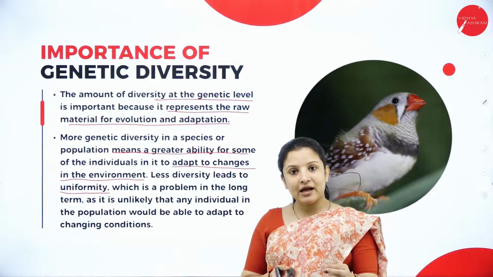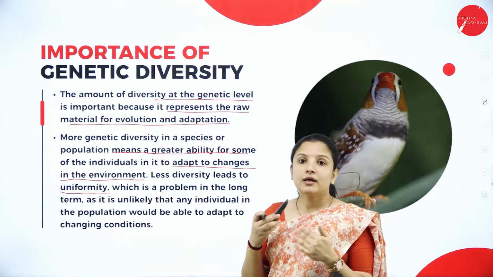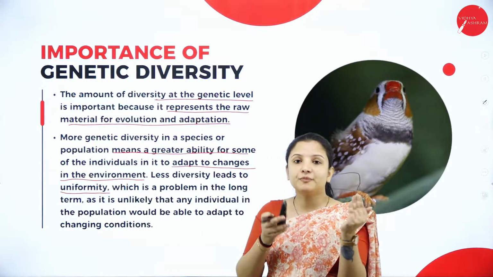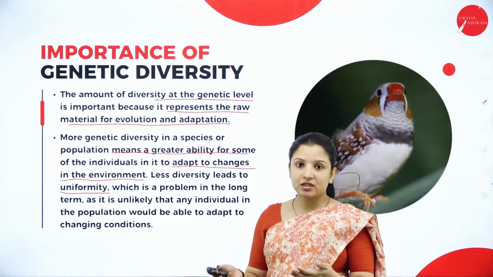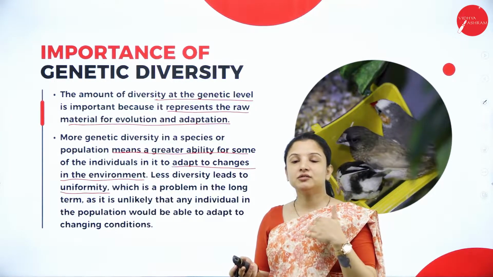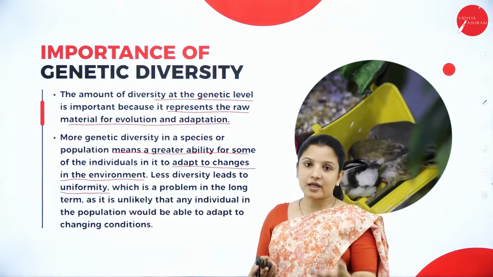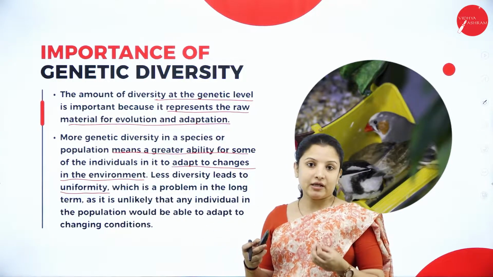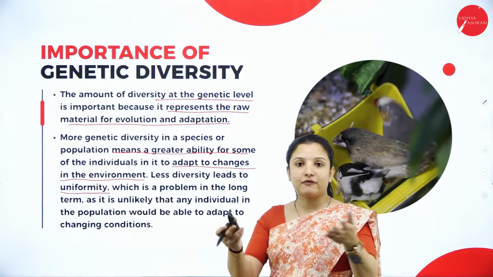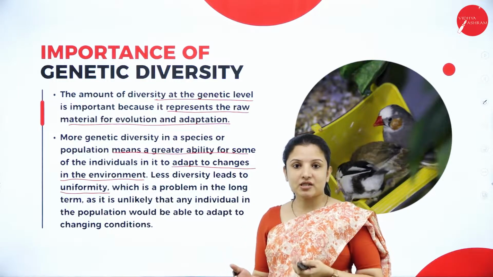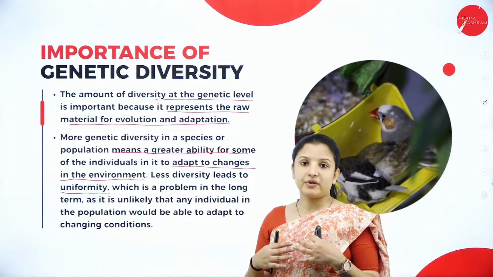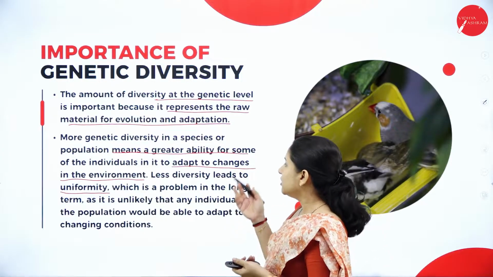But on the other hand, if you grow a mixture of crops, what happens there? You'll have crops which are capable of resisting the environmental situations. There are crops which are not able to resist the environmental situation, but still whenever there is an environmental calamity, at least some of the crops will get protected in the field, right? So that is why genetic variation in a population is very, very important here. Why?